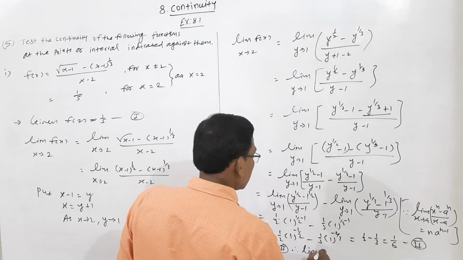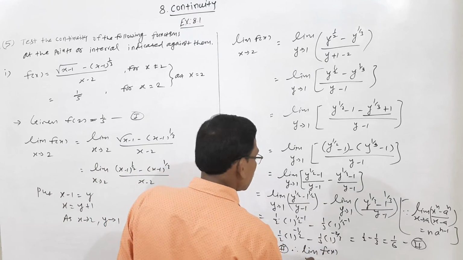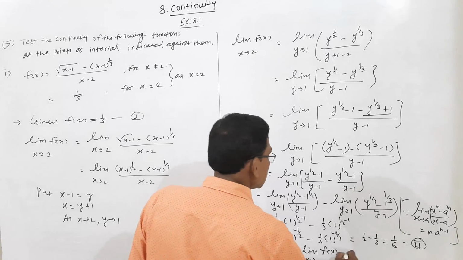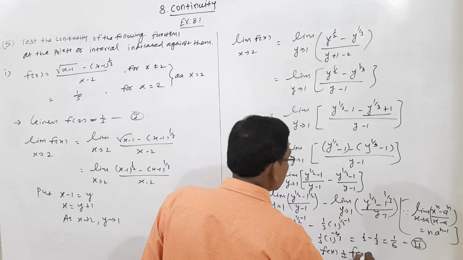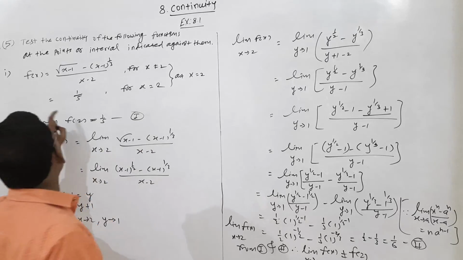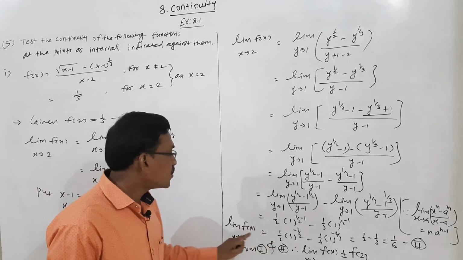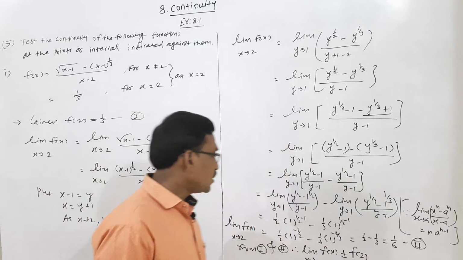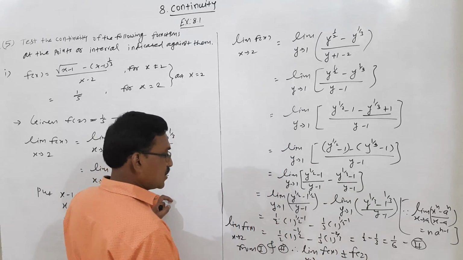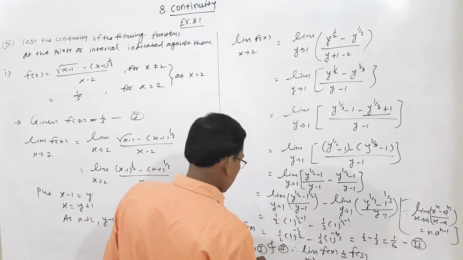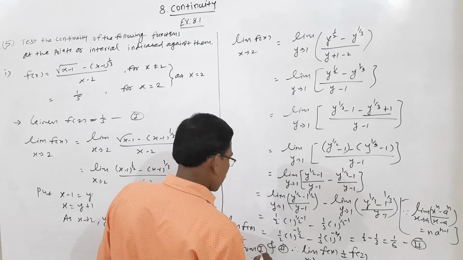Therefore the limit of the function as x tends to 2 is not equal to the function value at that point, f of 2. F of 2 is 1 by 5 and the limit is 1 by 6. Therefore f is discontinuous.